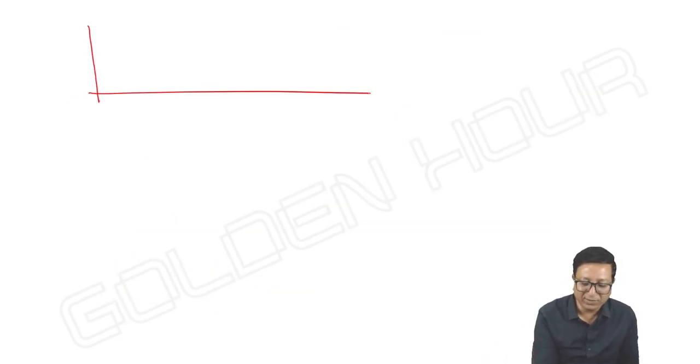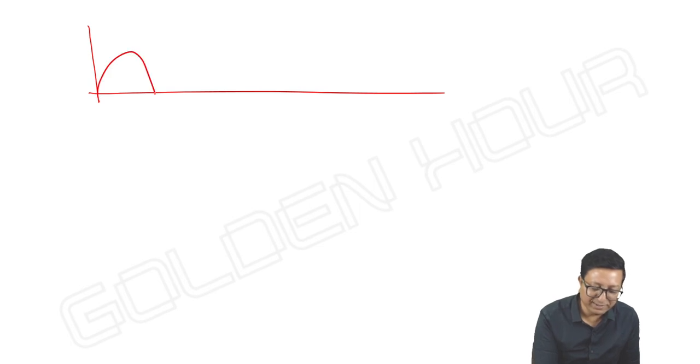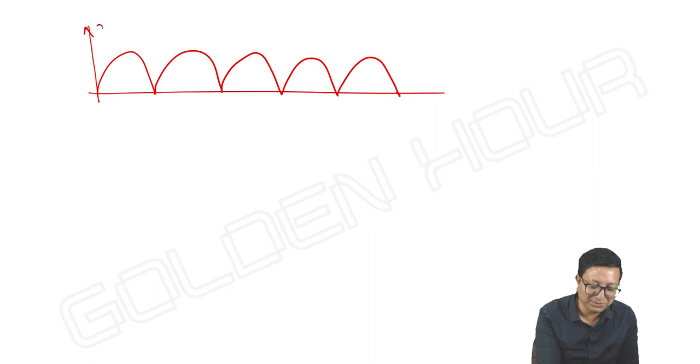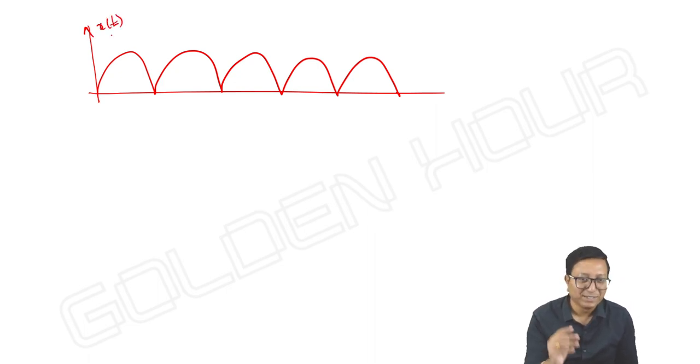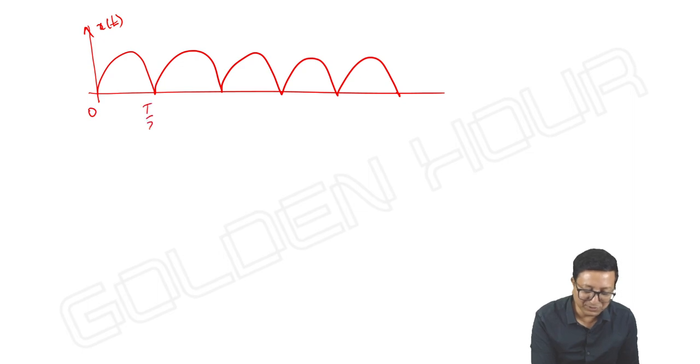Suppose I have a signal this way. What is its average amplitude? X of t. How to find it? Anyway, 0 to T by 2, or you can write its period is like T by 2 only. I am just writing pi, 2 pi, 3 pi, like this I am taking.